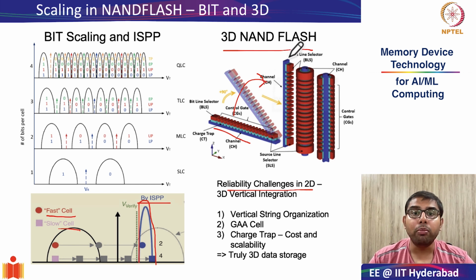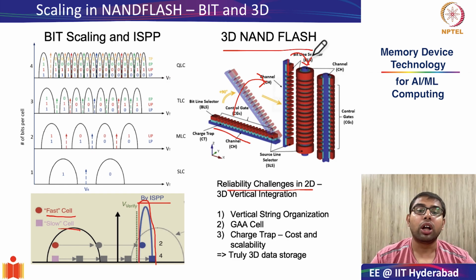Next, from a 2D cell, we went to a gate all around cell. And finally, to ensure good cost per bit and good scalability in the 3D NAND flash regime, we moved from floating gate transistor to charge trap transistors.